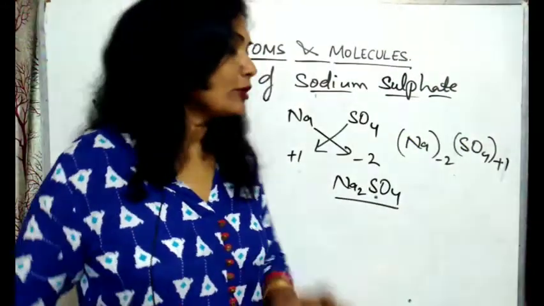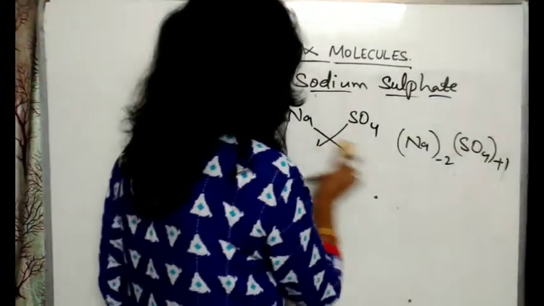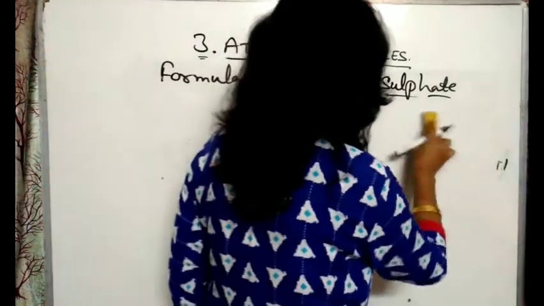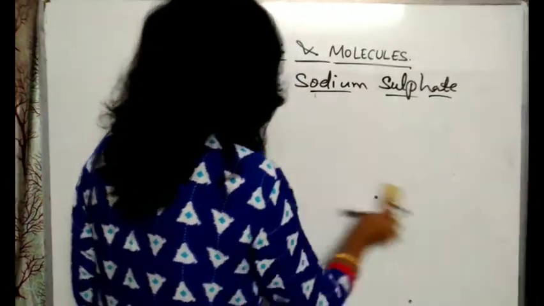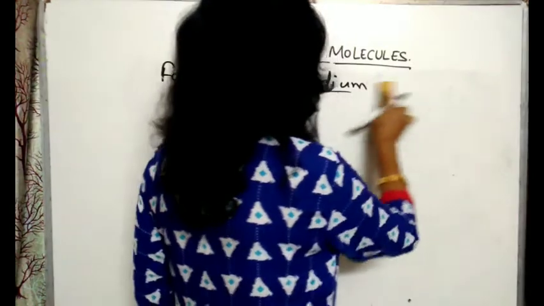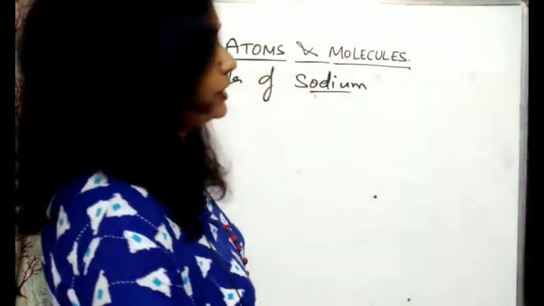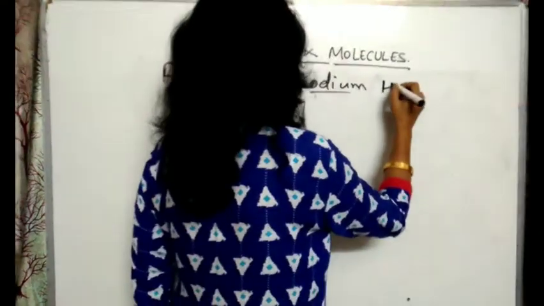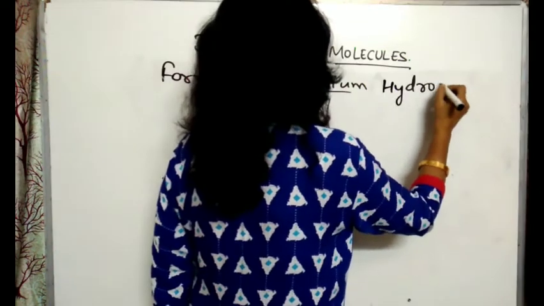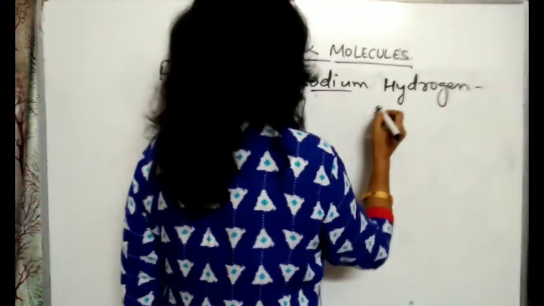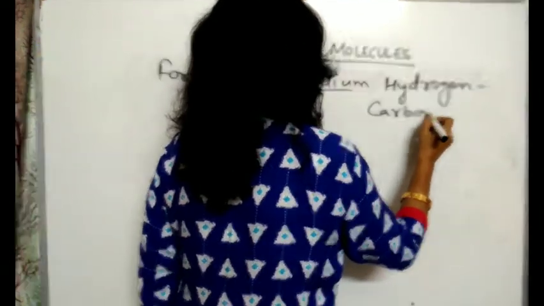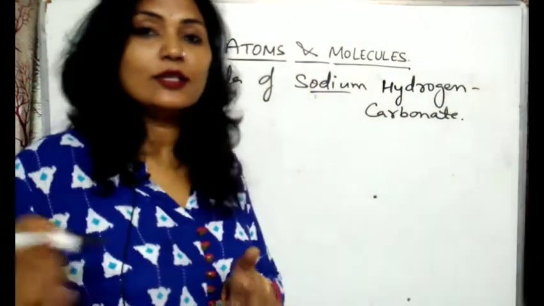Sodium hydrogen carbonate, we can take that example. We can make the formula of sodium hydrogen carbonate. Hydrogen carbonate, how will you form it? HCO3 you will write.